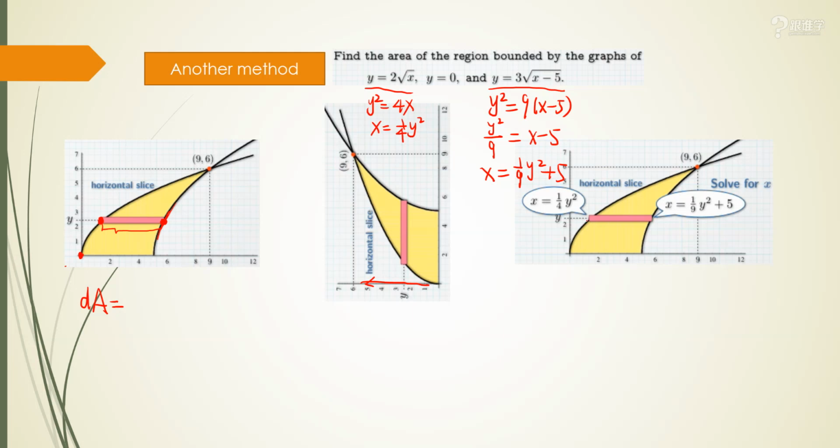For the horizontal slices, we integrate along the y direction. To do that, we have to re-express the curves in terms of y. So x is now a function of y. Then we are going to integrate all the area differentials to obtain the area of the yellow region.